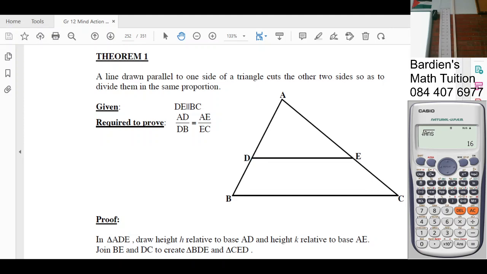Okay? Now what do we do? If that is the same and this is the same, the area of that has to be the same as the area of that. Not so? Alright, so let's write that down.